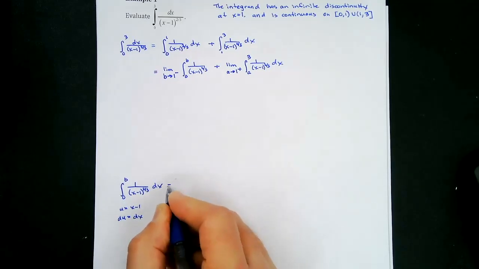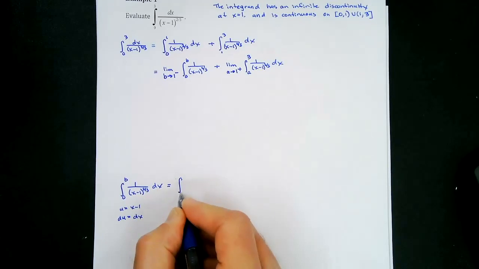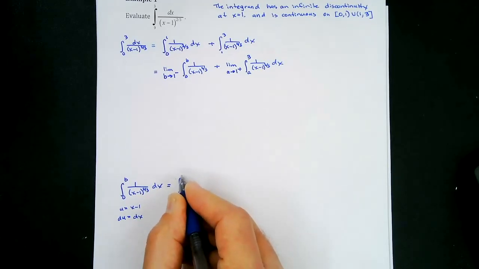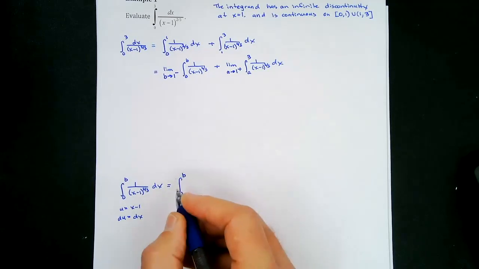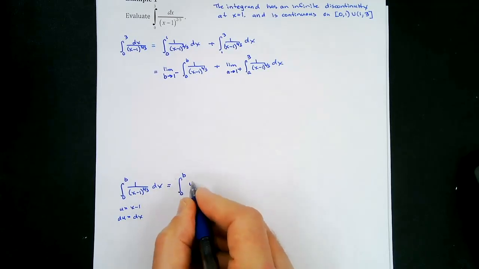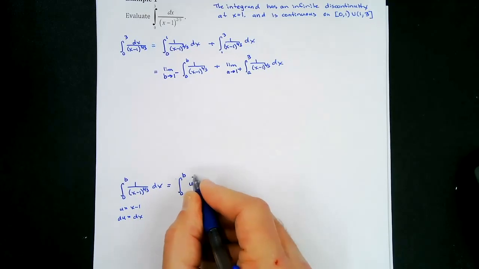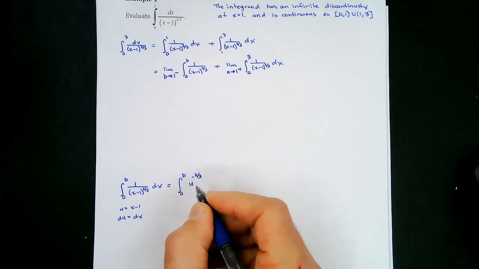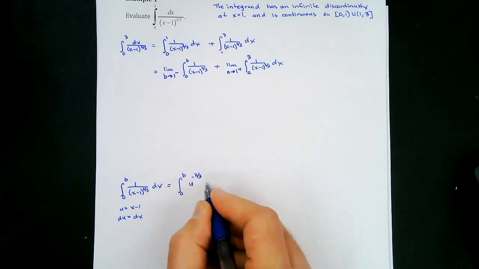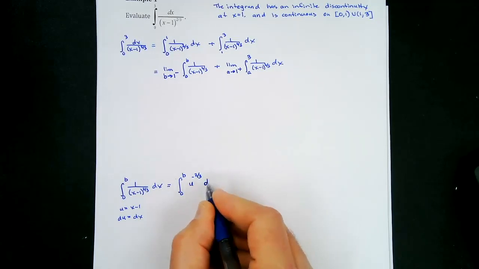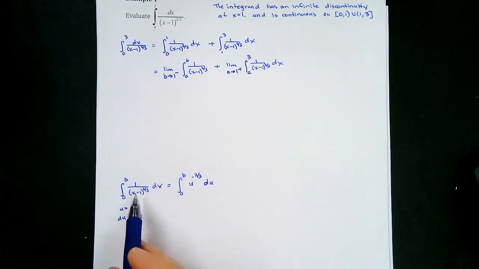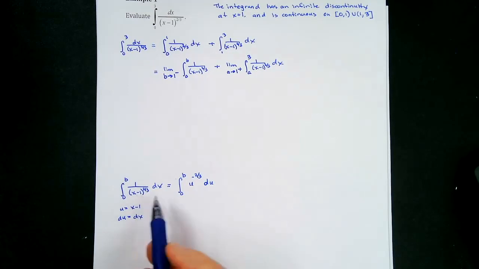So this is equivalent to the integral from 0 to b of u to the negative 2/3 du.